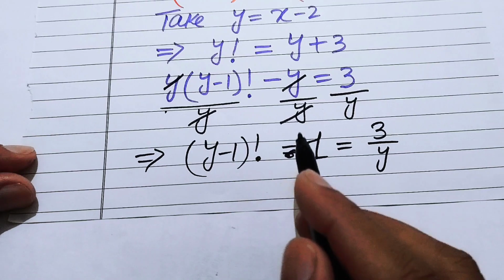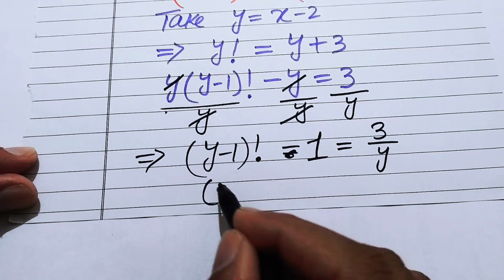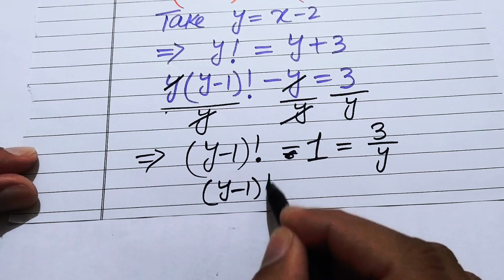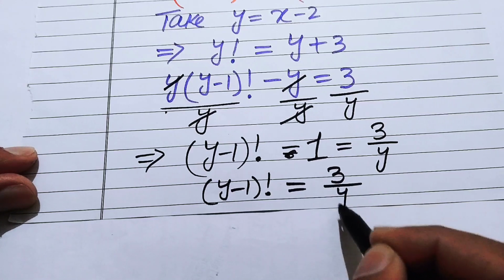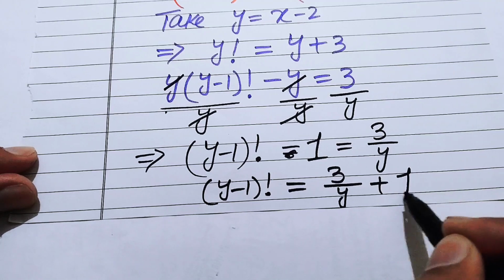And now we move this minus 1 to the right hand side and you will obtain (y minus 1) factorial equals 3 over y plus 1.